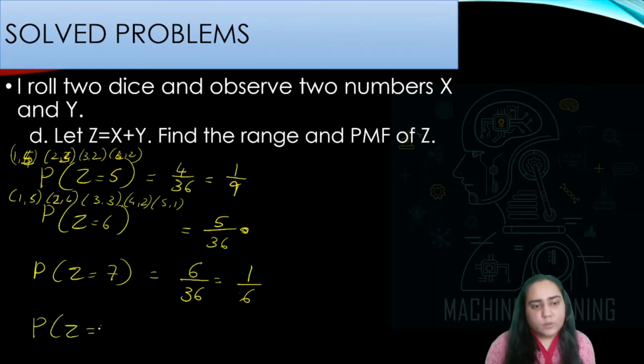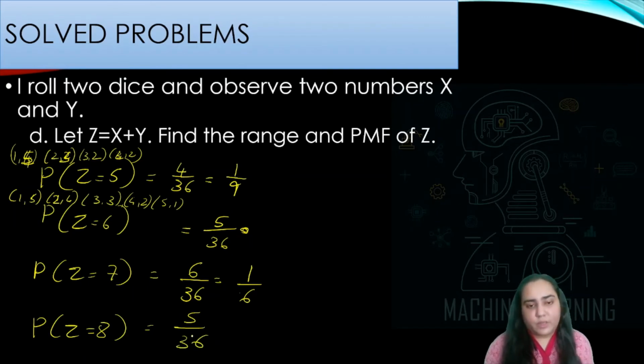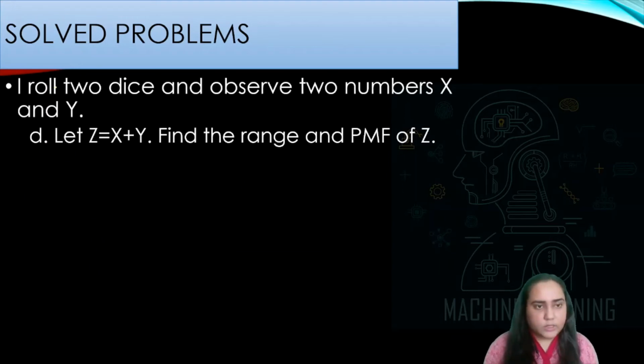Next one is z equal to 8. For z equal to 8, you will have 5 different possibilities once again, and you'll notice that it's now going to repeat. So z equal to 6 is the same as z equal to 8, which will be 5 by 36. Similarly, the probability of z equal to 9 is just going to be the same as z equal to 5, which was 4 by 36, or 1 by 9.